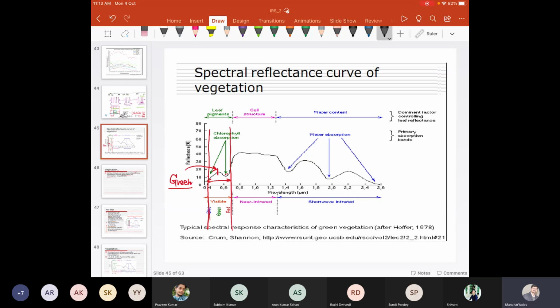The part you need to remember: in the visible spectrum, the dominant component affecting reflectance is leaf pigment, while in the near infrared band there is the role of cell structure. And finally, in short wave infrared, water content plays the role of governing leaf reflectance.